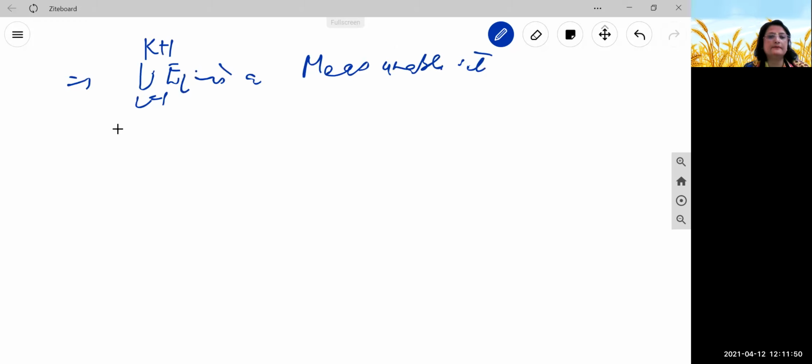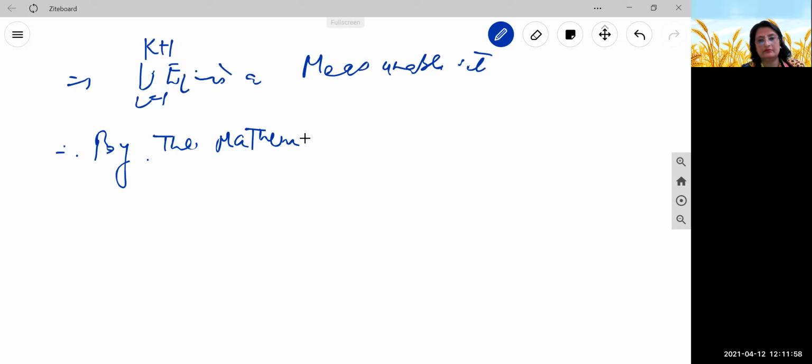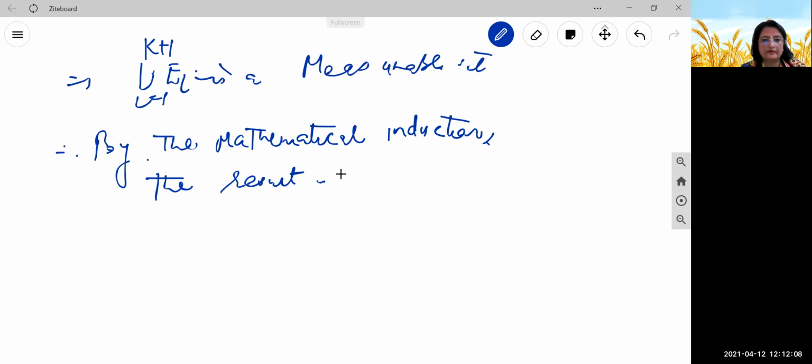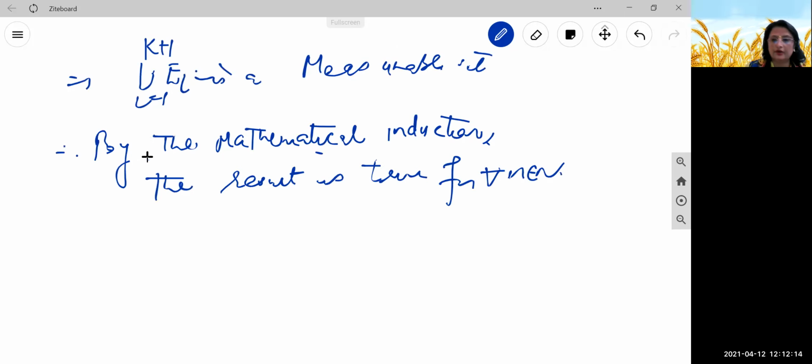So it implies by induction, therefore by the mathematical induction, the result is true for all n belongs to natural numbers. Now next is corollary number 2.